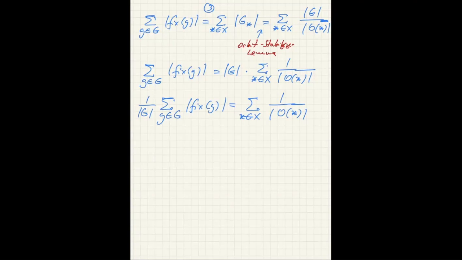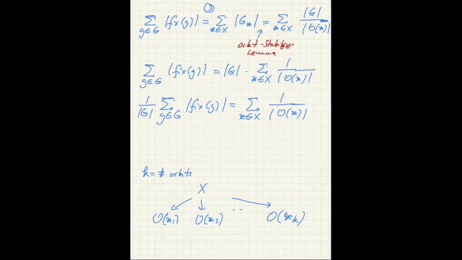So I'll write it here at the bottom. The set X gets partitioned into the orbits of various elements: the orbit of x1, the orbit of x2, let's say there are k orbits, up to the orbit of xk. So let's say k is the number of orbits.